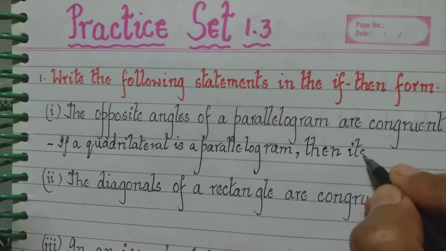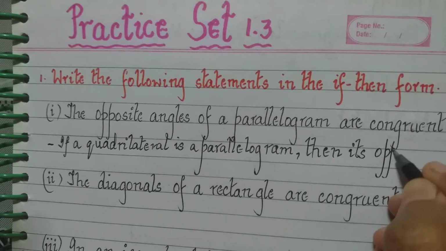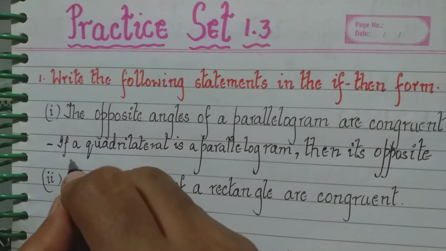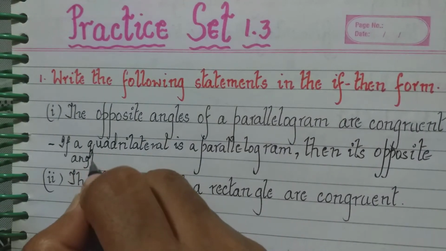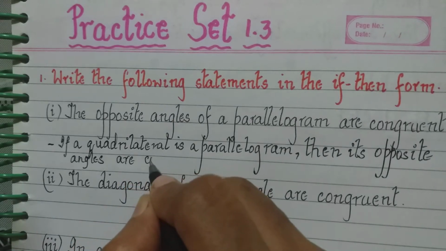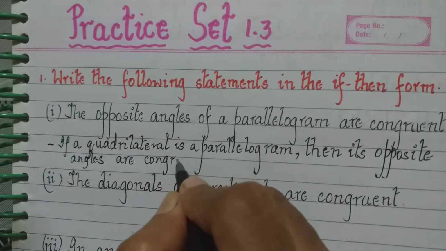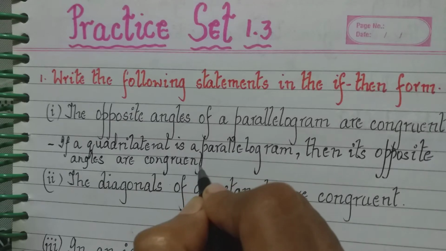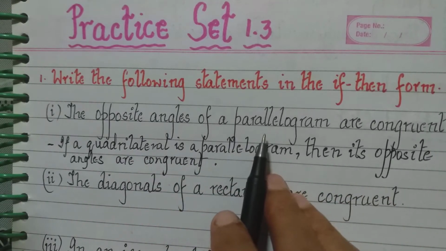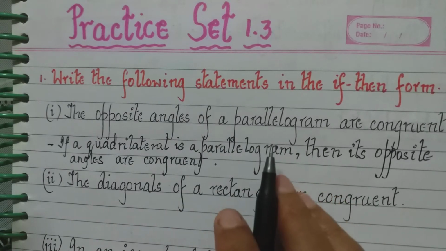Then, its opposite angles are congruent. I hope it is followed clearly. What we do, we read the statement, then notice which figure it is, see which type of figure.